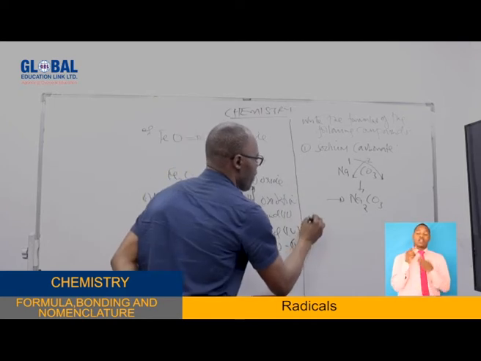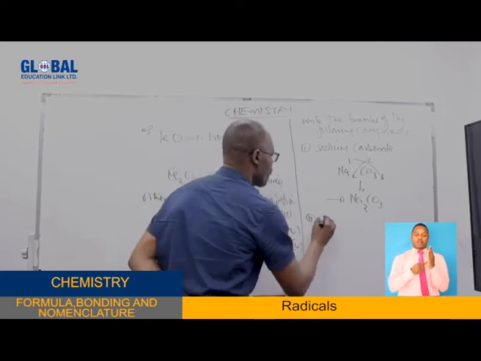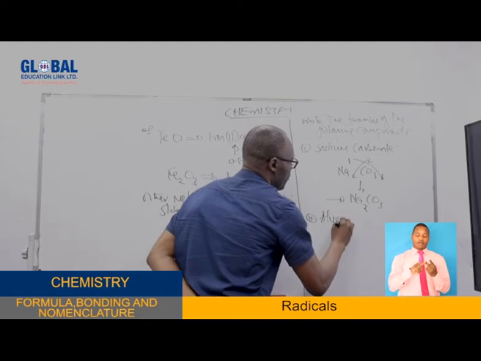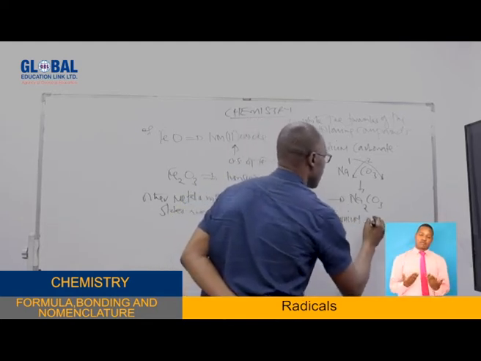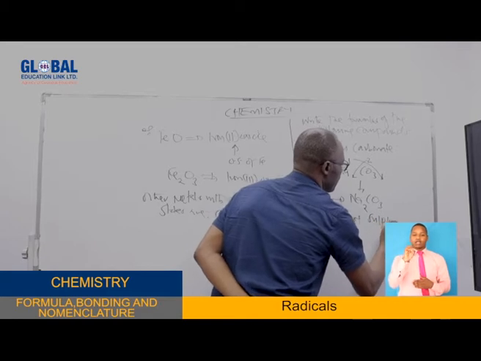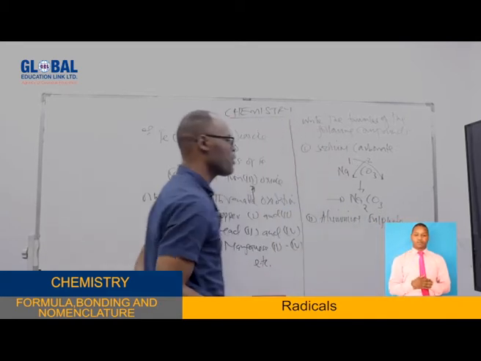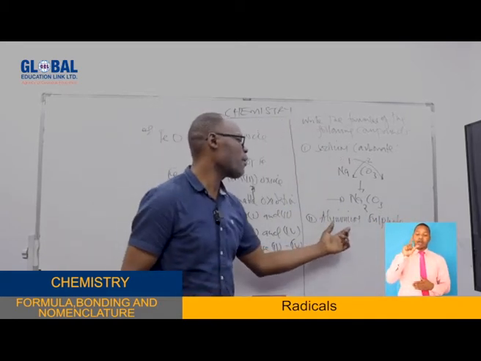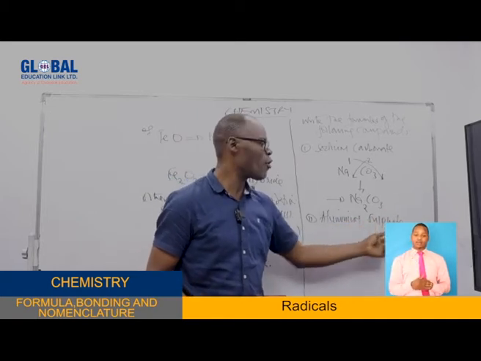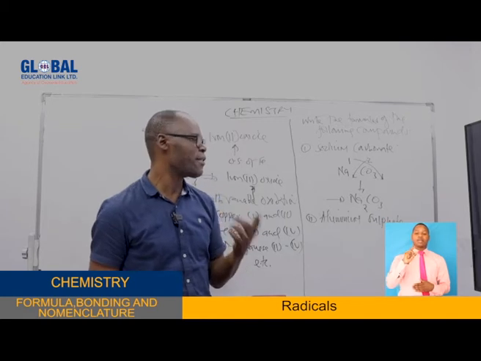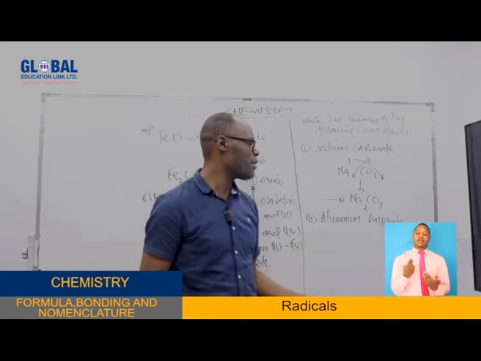The second one, we have something like aluminum sulfate. Our metal is aluminum and our radical is sulfate. Remember, our sulfate radical has a valency of 2 because the state is 2 minus. Aluminum is in group 3.